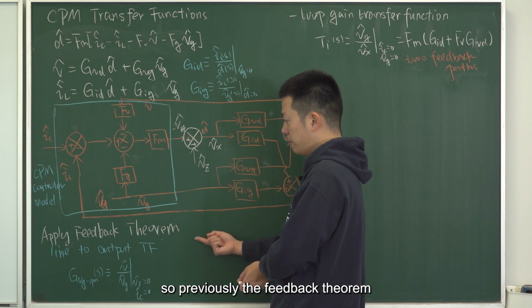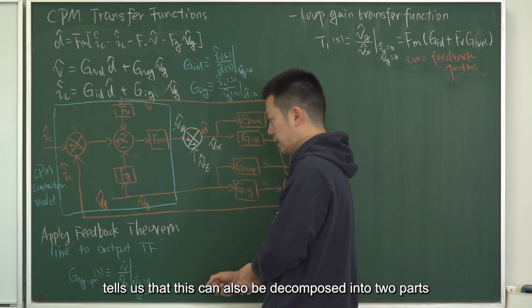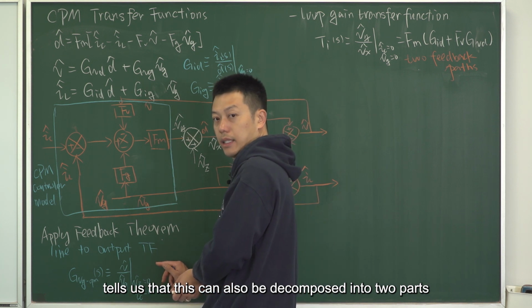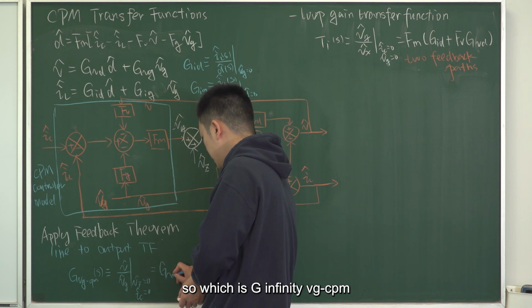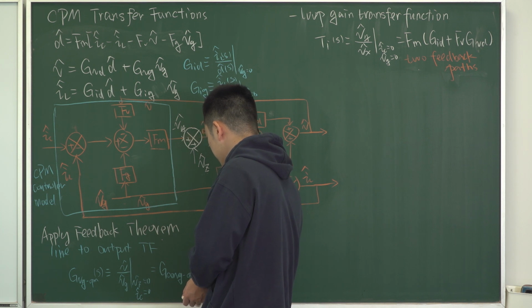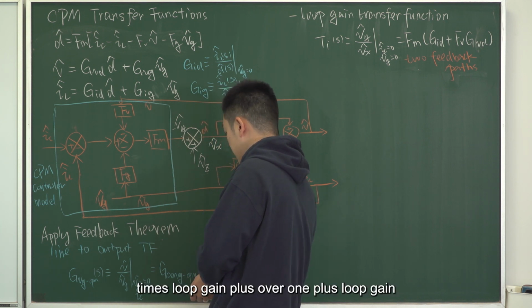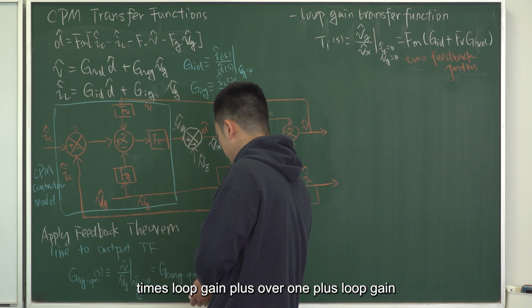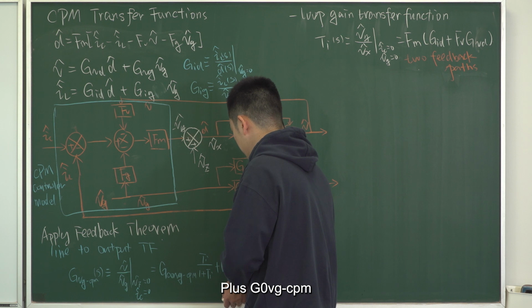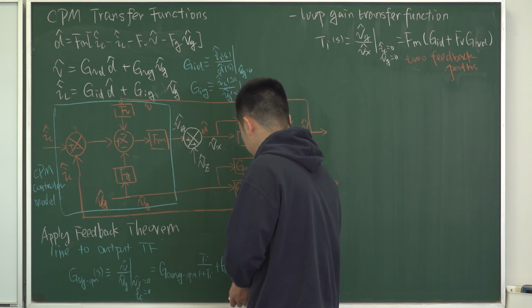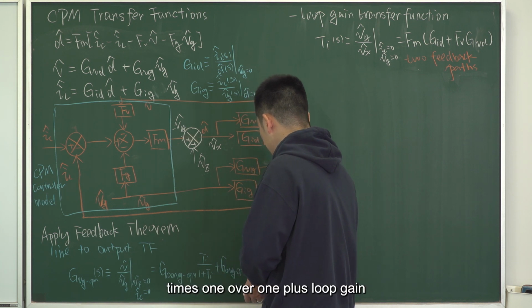So previously, the feedback theorem tells us that this can also be decomposed into two parts. Which is G infinity Vg CPM times loop gain over 1 plus loop gain, plus G0 Vg CPM times 1 over 1 plus loop gain.